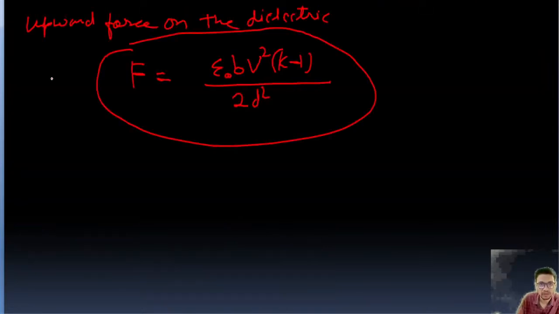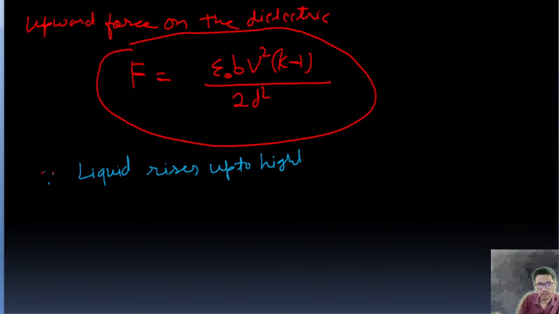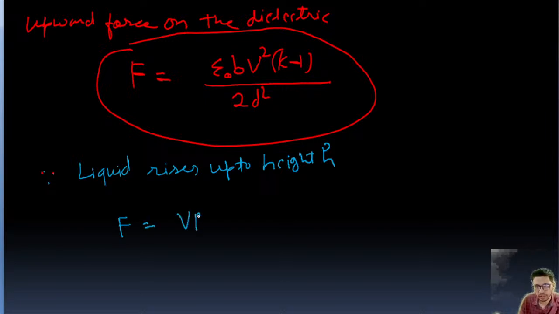That means F is going to be equal to, since the liquid rises up to height h, then this force is going to be equal to V rho g, guys.